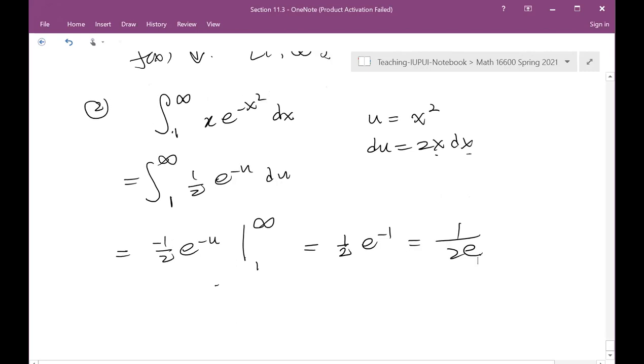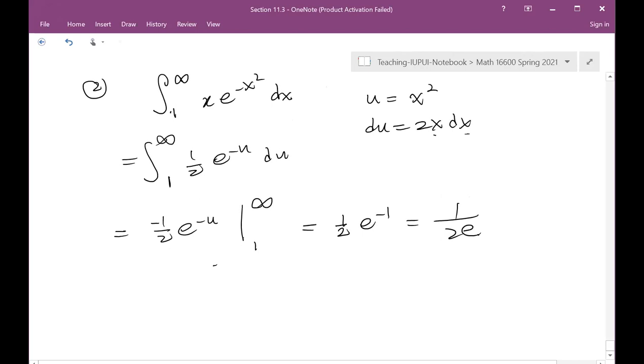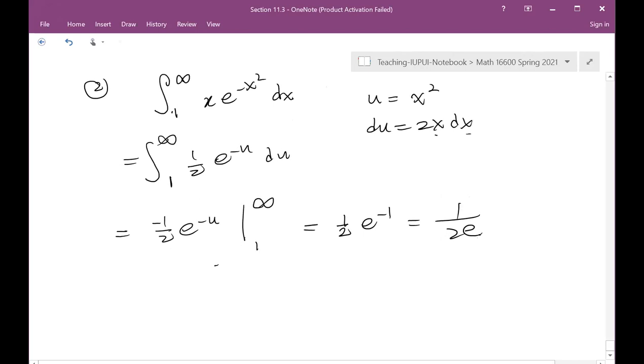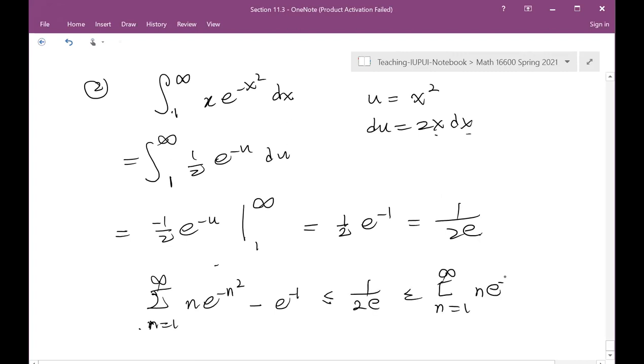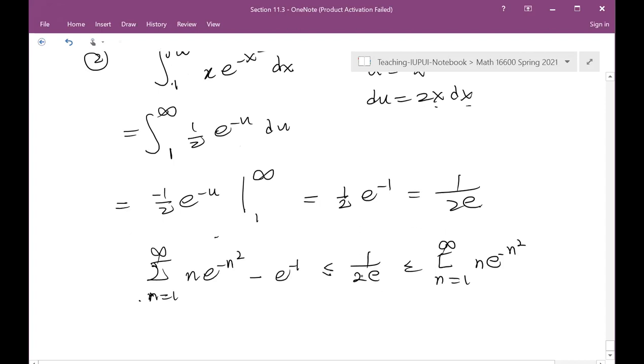All right, so now it's finite, it's convergent. So our series is convergent. So what is that series? The series from n equals 1 of n e to the negative n squared, minus the first term. The first term is just e to the negative 1. And then this integral is half of that, right? And this is the integral in the middle.